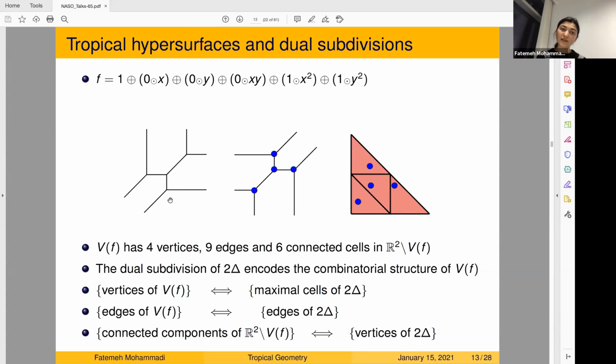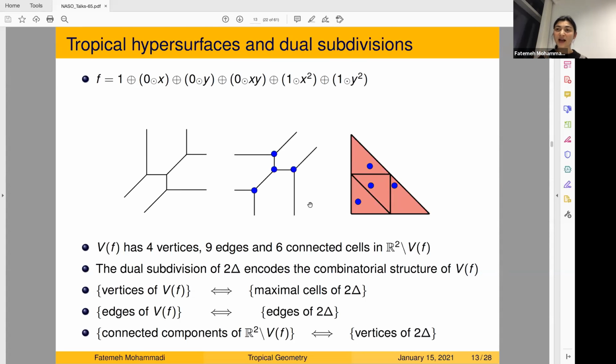And the 6 connected components correspond to the 6 vertices here. And the vertices are these guys. To see this duality, I just showed you that the vertices of this graph correspond to the regions of this polytope, and you just put these vertices and then draw the tropical line here, which would be this guy.